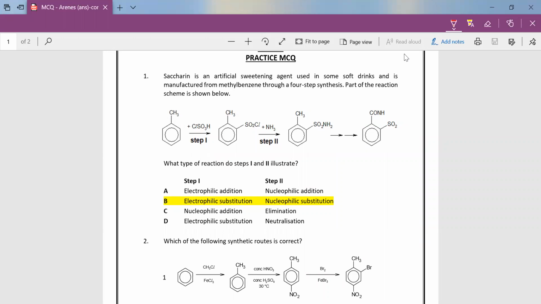Okay, so basically, how do we know that step 1 is an electrophilic substitution? Okay, so we basically look at the functional group that it reacts with. Likewise here, this is something like an RX, halogenoalkane. All right, and then the ammonia gas actually goes in to attack. So it is acting as a nucleophile here.